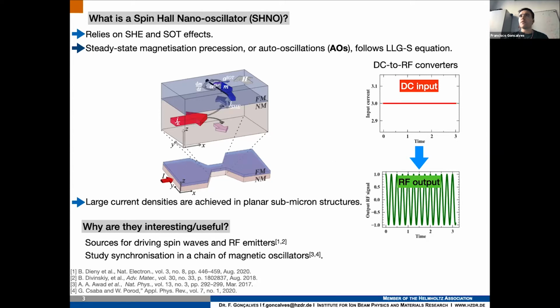One can simply think of this as DC to RF converters. We apply a DC current and we get an RF output. These devices could be useful, for instance, to drive spin waves into magnon conduits, or to act as RF emitters. There are also interesting subjects for synchronization in chains of magnetic oscillators.